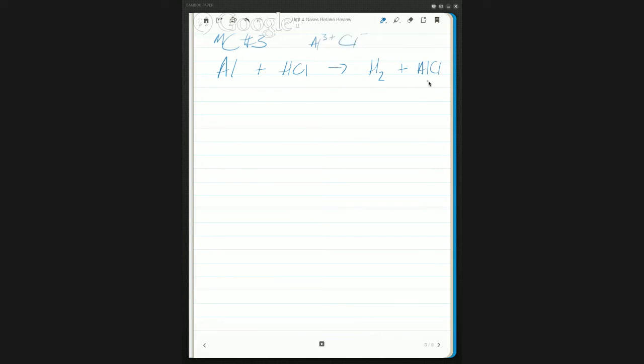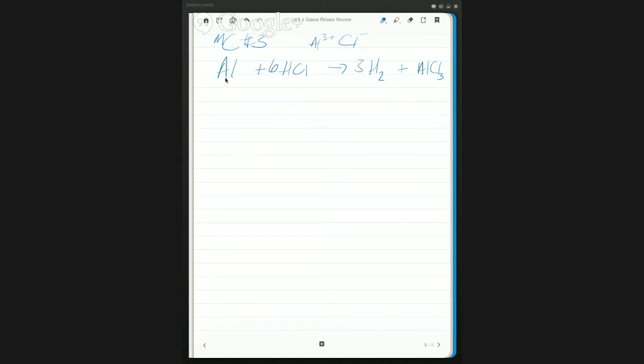When you do swap and drop, you end up with AlCl3. When I balance this equation, my aluminums are fine, the chlorine, I could add 3 right here, but I have 2 right there, so those aren't balanced. 2 can't go into 3, so I'm going to have to erase that 3. The number they both go into would happen to be 6, so that's 6 HCl and 3 H2.